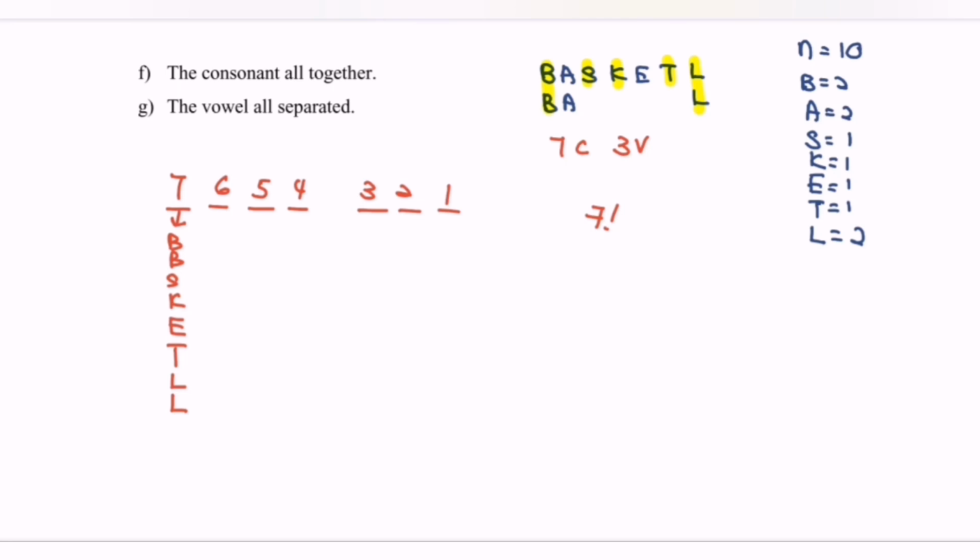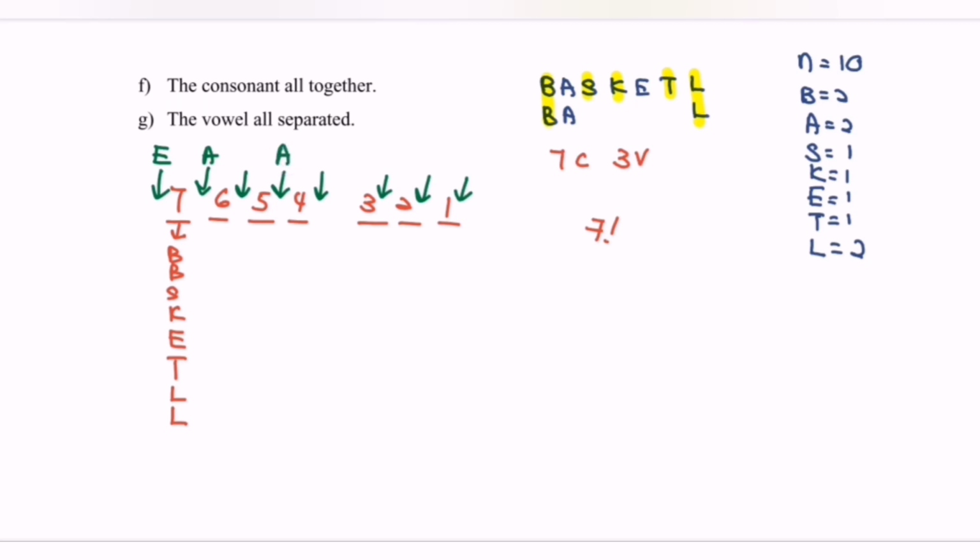Next, what we can do is focus on the gaps. How many gaps do we have? We have 8 gaps. Those gaps we can fill up with the vowels. So for the gaps, we can fill up with the vowels. So here we can write 8P3 because we have 8 gaps, and we are going to fill them with 3 vowels.